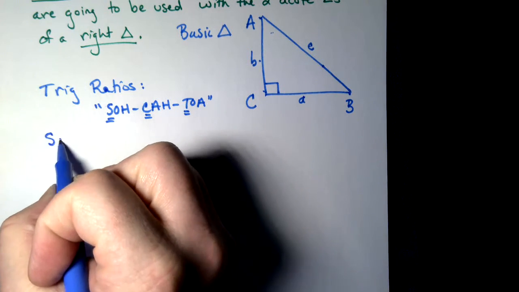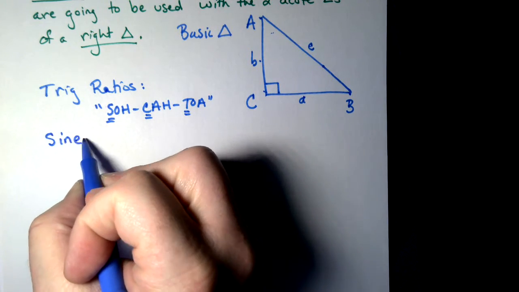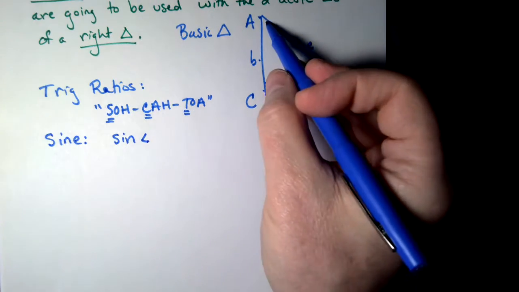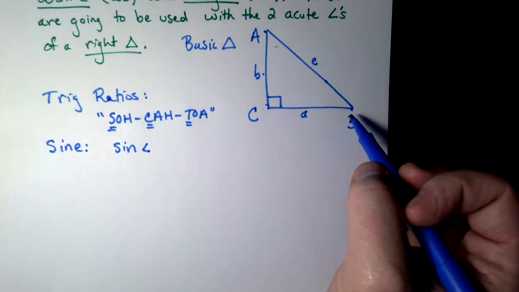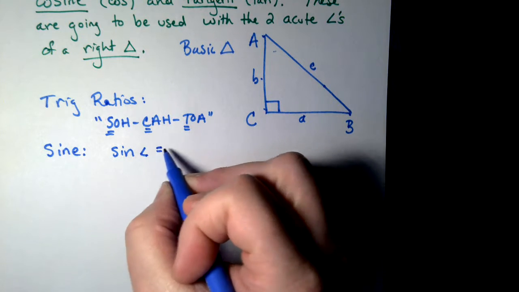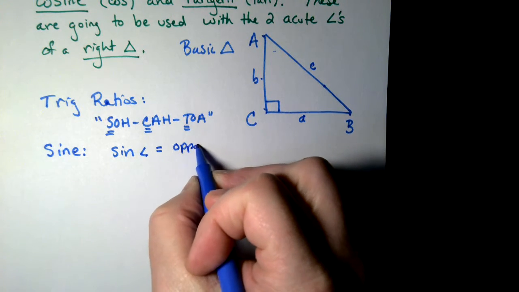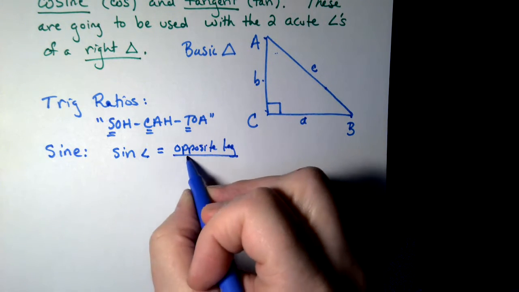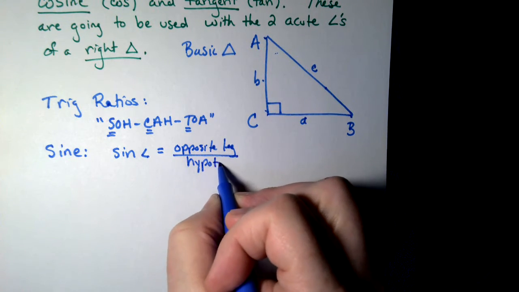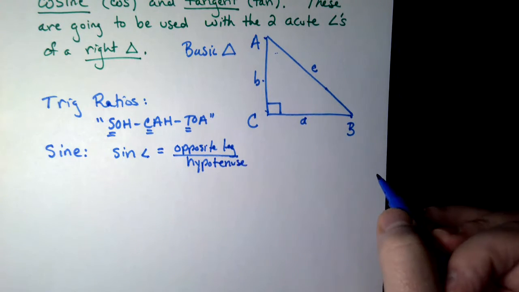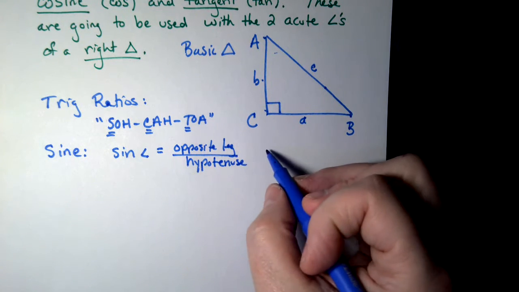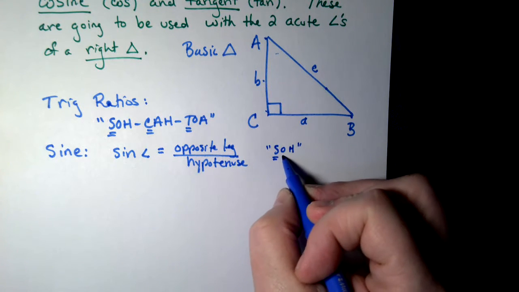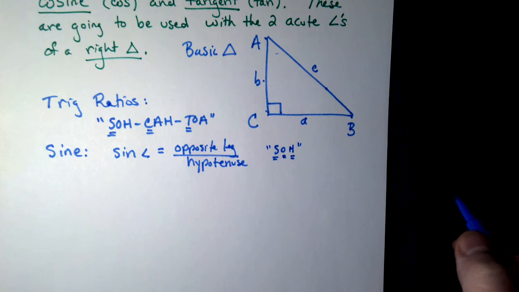So the sine of an angle, so they'll say angle A, or they might say angle B, is equal to the opposite leg over the hypotenuse. Opposite over the hypotenuse. So that's where the SO of SOHCAHTOA comes in. Sine opposite over hypotenuse.